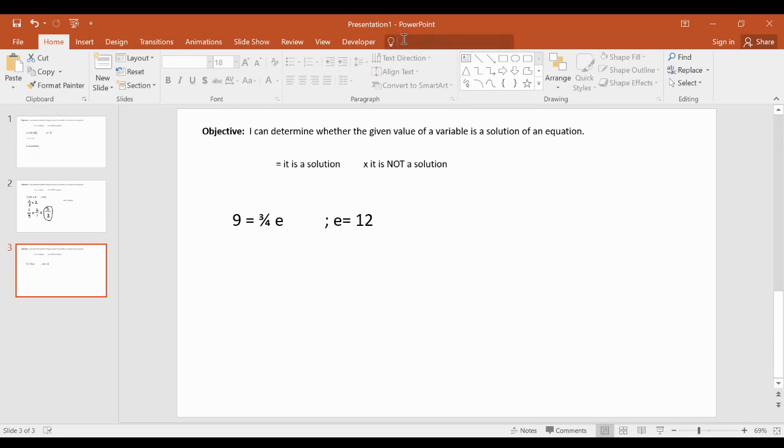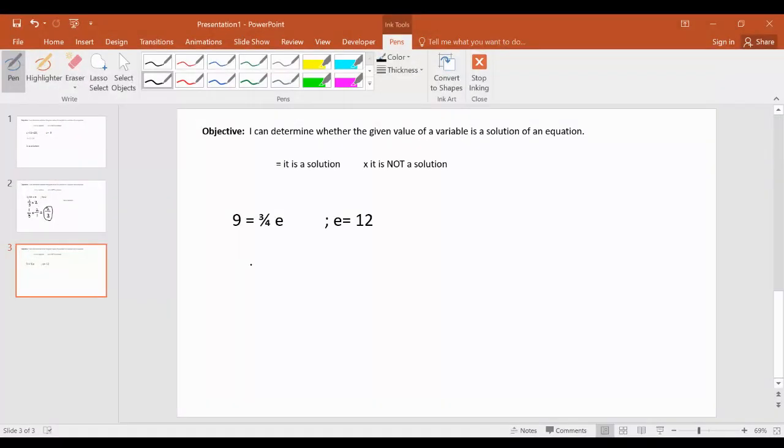So let's go ahead and try to solve here. That means our answer should be 9. Let me see. I'm going to solve 3/4 times E, and in this case, I'm going to plug in 12. Again, I'm going to rewrite that by turning my 12 into a fraction.